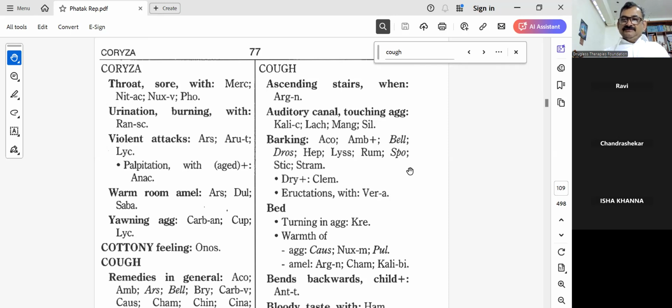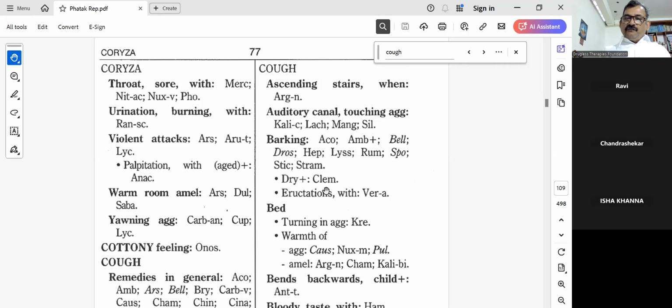If it is written, that's fine. If it is not written, search for some more accurate remedies. And so barking cough is going to be tackled within this remedy.